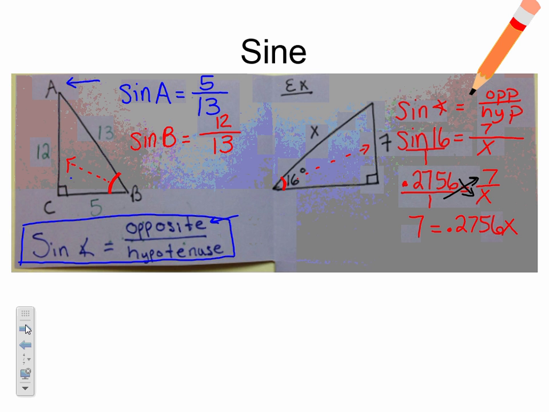Now to get the x alone, we need to divide by that 0.2756, so I find that x equals 25.4 approximately. So there's my value for that missing side of that triangle.